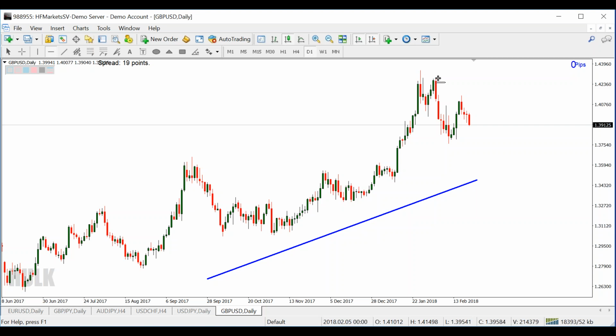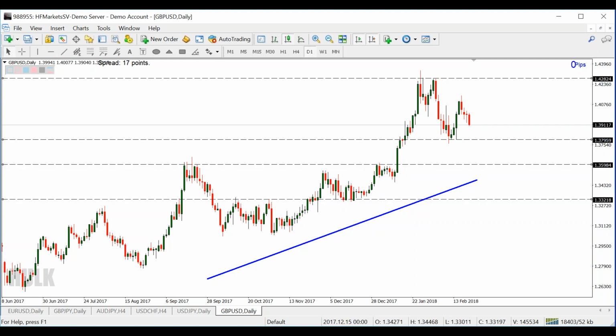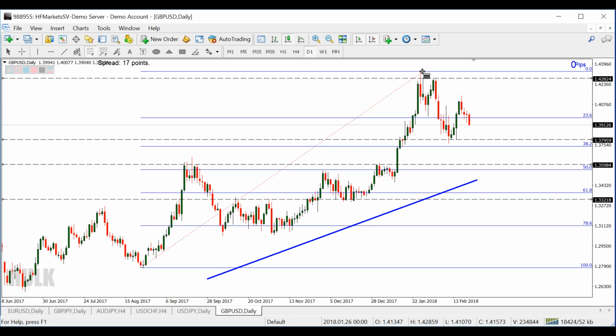One, use the, so if we take from the swing low, what we see here, to the swing high, kita boleh nampak this is a very good zone.